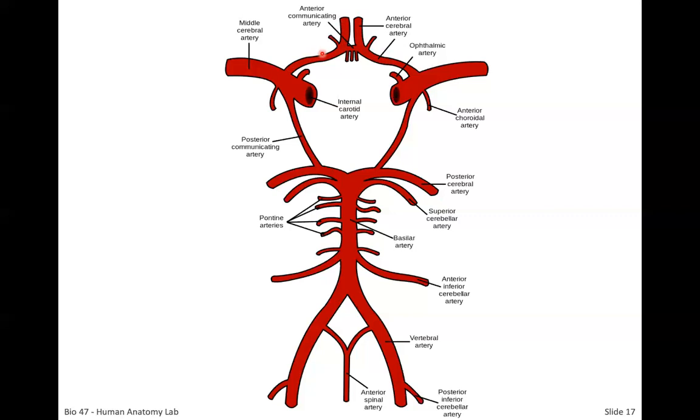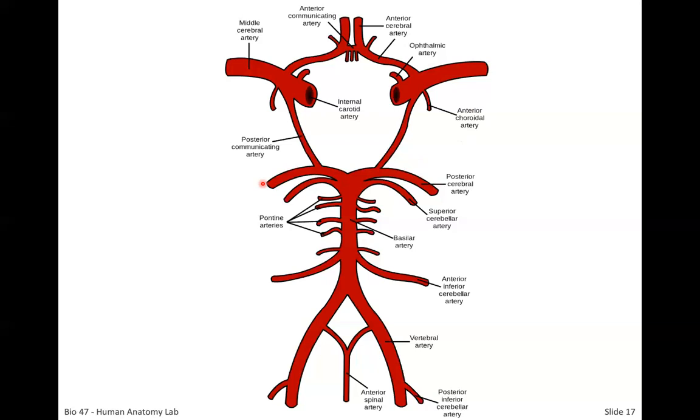This has one-way flow of blood, headed out toward the anterior brain, and on the other side, headed out toward the anterior brain. The next are the middle cerebral arteries, and blood is flowing out toward the middle of the brain through one side and out to serve the other side of the brain on the other side, and then out to the posterior brain through the posterior cerebral, and on the other side, posterior cerebral.